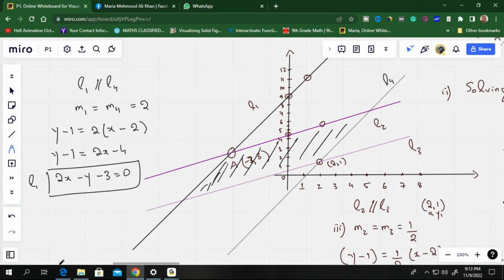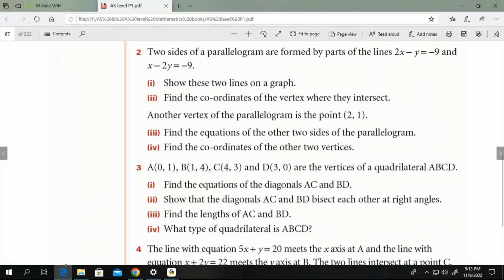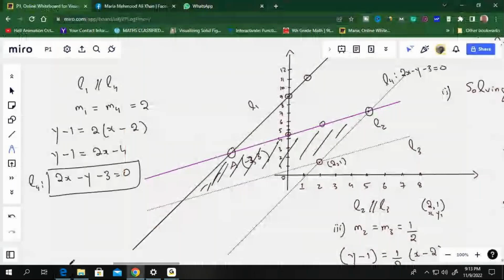Both equations are now known to us, L3 and L4. What is now left? We need to find the other vertices. Let's see what they're asking: find the coordinates of the other two vertices.